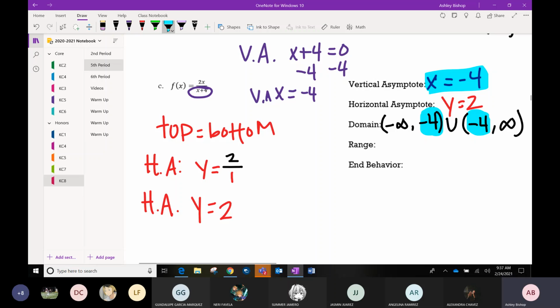Now your range is very, very similar. Your graph is going to go forever down, but it's going to be interrupted by a certain y value because ranges are y values. The y value that it's going to be interrupted by is your horizontal asymptote, which is 2. Your graph is going to stop at 2, and then your other graph is going to start at 2 and go on forever up to infinity. So remember, these numbers have everything to do with each other.